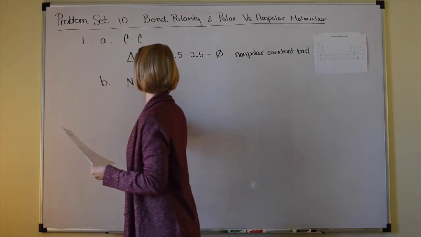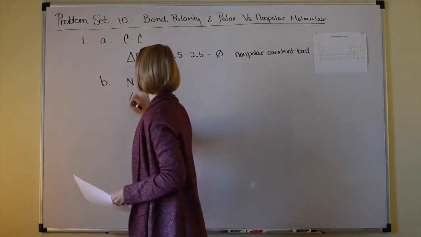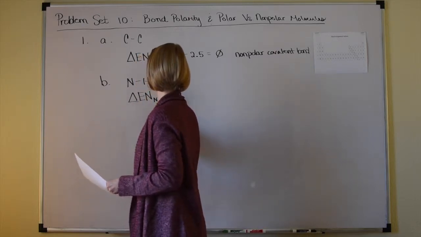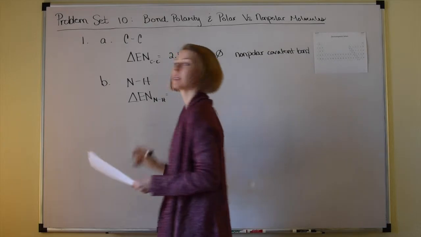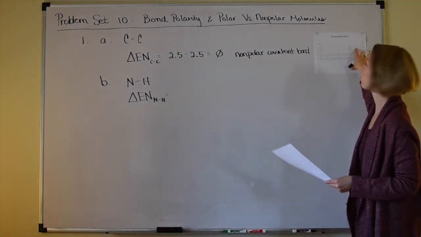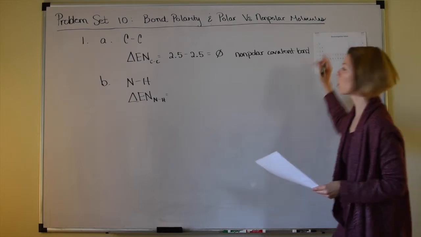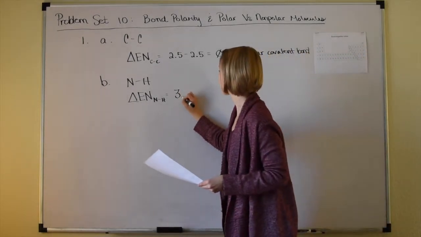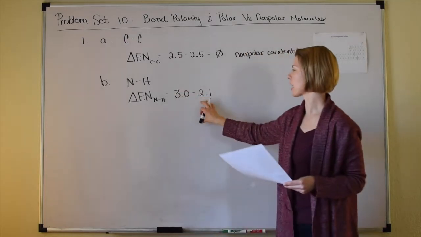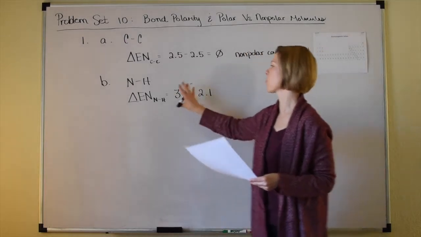a nitrogen-hydrogen bond. Okay, so we're going to look up the electronegativity of nitrogen. It is 3.0. For hydrogen, it is 2.1. So we've got 3.0 minus 2.1, because remember, you're always subtracting the lower electronegativity from the higher one.